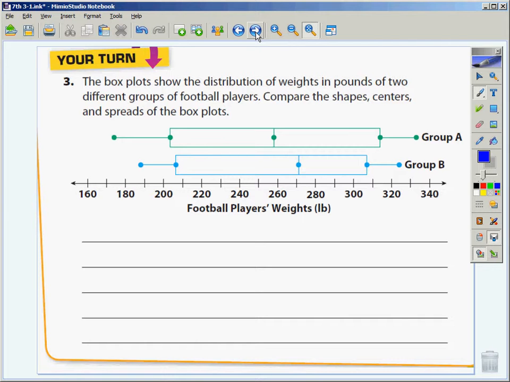So, if I want to talk about the shapes, it's interesting that even though they didn't give me a dot plot, I could give you an idea of what this would look like on a dot plot.